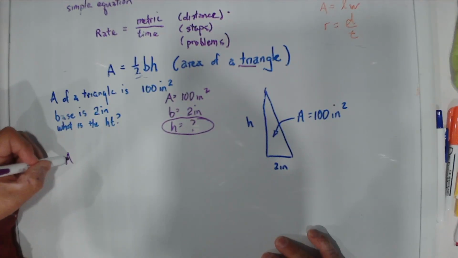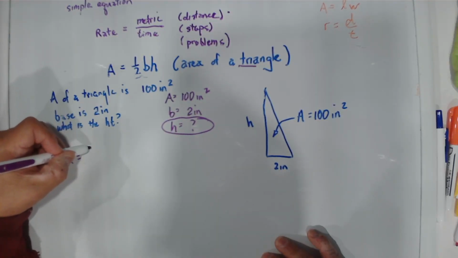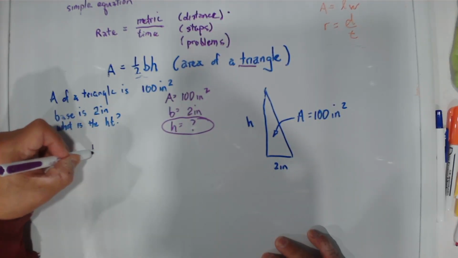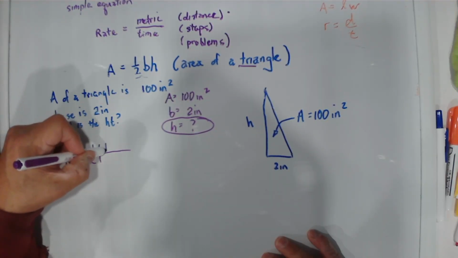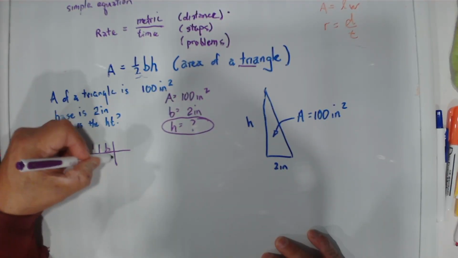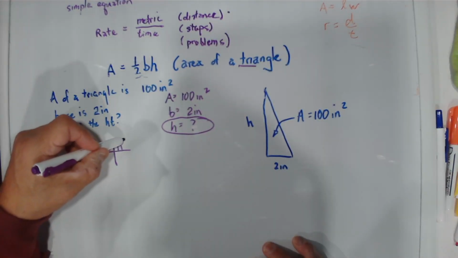A is equal to 1/2 base times height. I just kind of drew it out so we can see it a little easier.